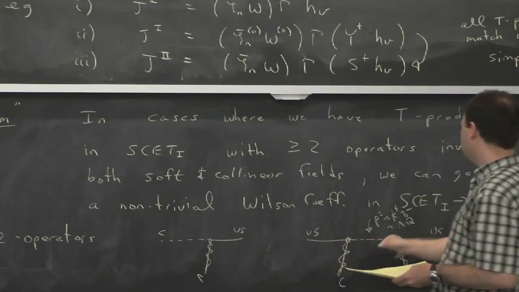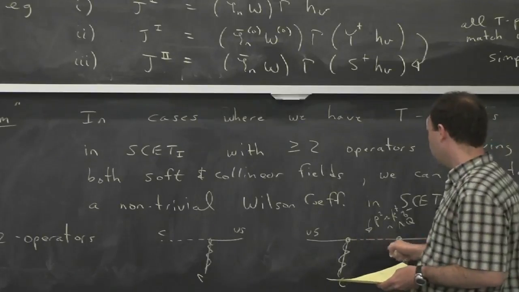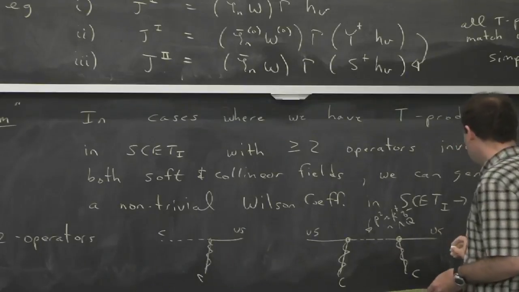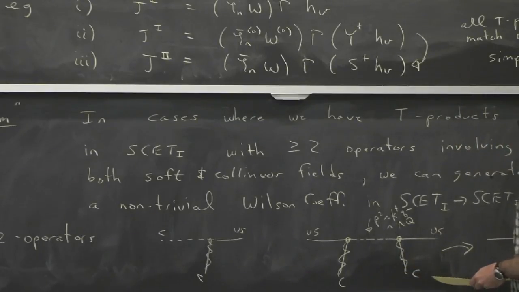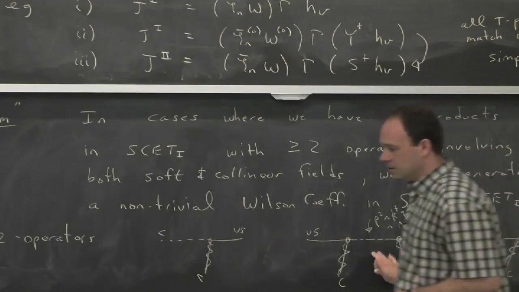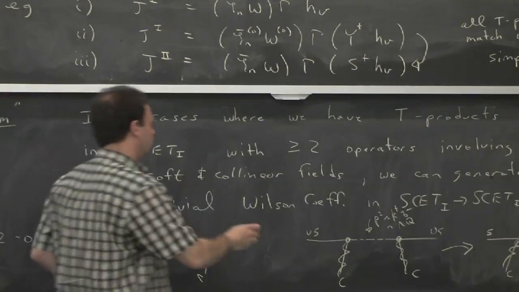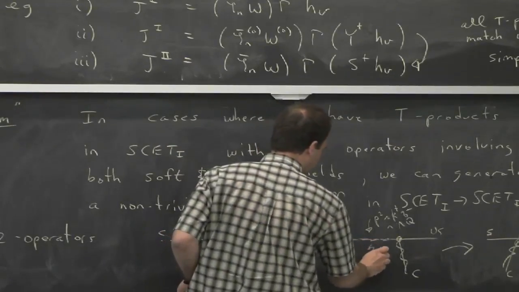But you need two terms in the time order product in order for there really to be a propagator like this that you're integrating out. So this will match onto something when you do this matching, where you have 2 soft fields and 2 collinear fields, like that. Because this really is something that you would want to integrate out at that kind of dashed line. It's an off-shell hard collinear mode.